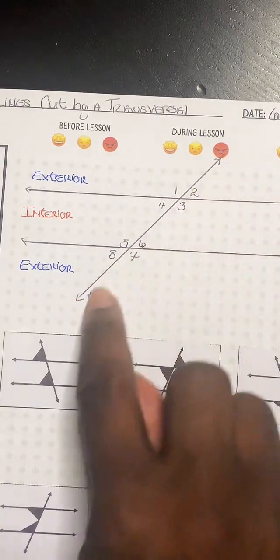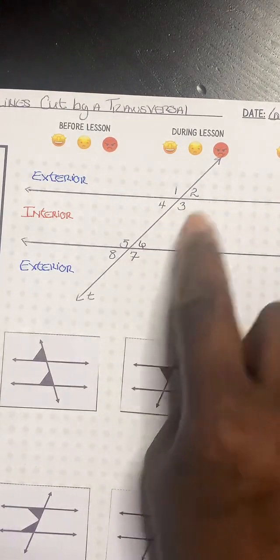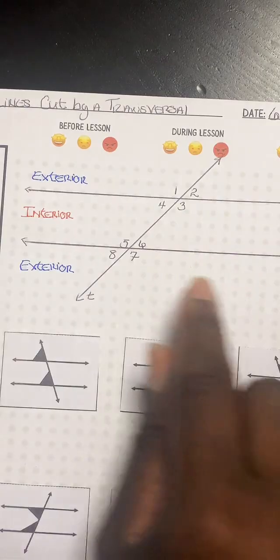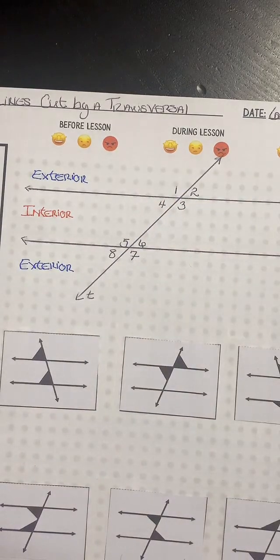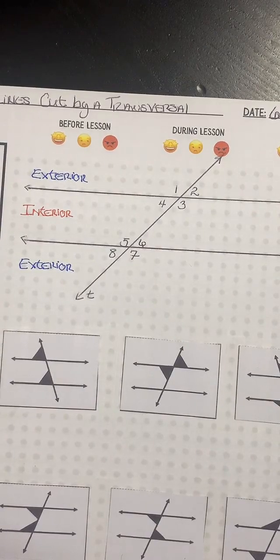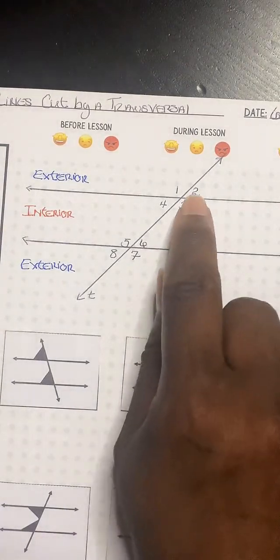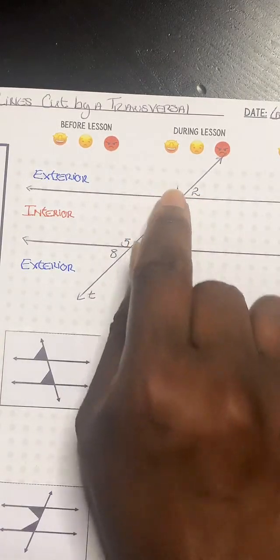What a transversal does is cut and create angles off of your two parallel lines. The angles they're creating are supplementary. Remember, supplementary means 180 degrees. And they're also creating what are called vertical angles, which gives us our V.